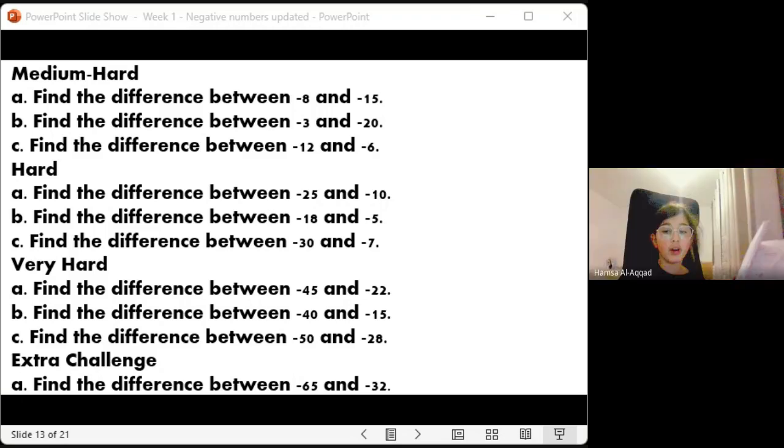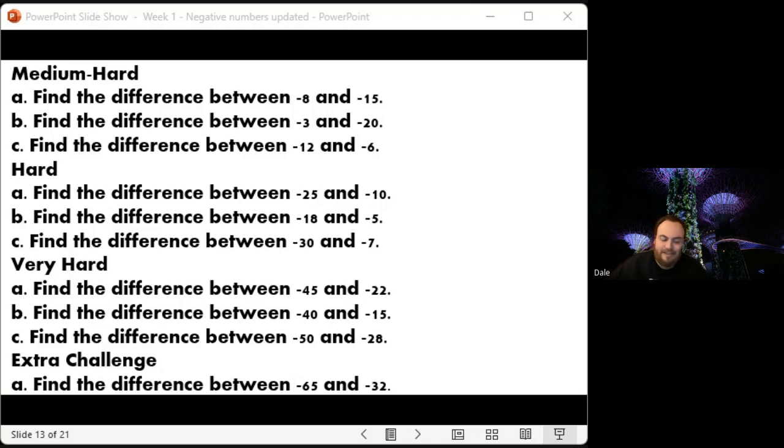Very hard B. Oh, no, I don't think that's the answer either, Asma, because if I've got 40 and I'm taking away 15, the answer's not 55, is it? So what I want you to do, Asma, is use this time now to go through every single question and make sure that you're taking the smaller number away from the bigger number, all right? And making sure that that number's correct, okay? I'm going to come back to you at the very end. So thank you, Asma, and thank you, Rishank.